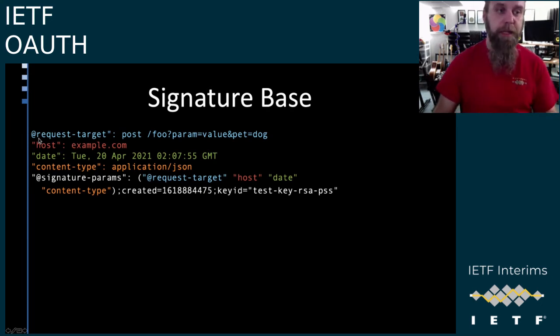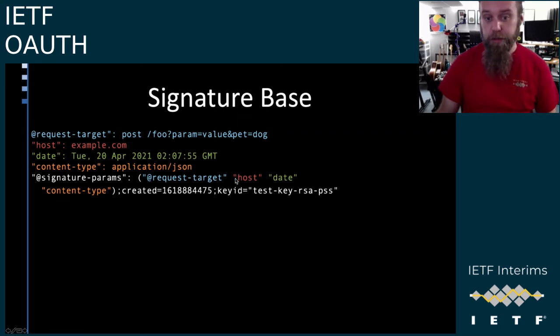Or Annabelle and I have talked about, I think we've got an issue filed, maybe doing something with request target where you're only signing the verb and path like Depop does, or some other limitation like that. It gives you a lot of flexibility in defining what you want to signal to the other side.